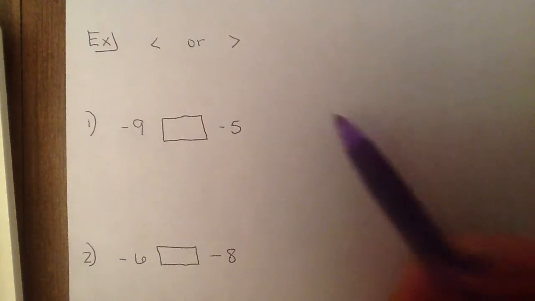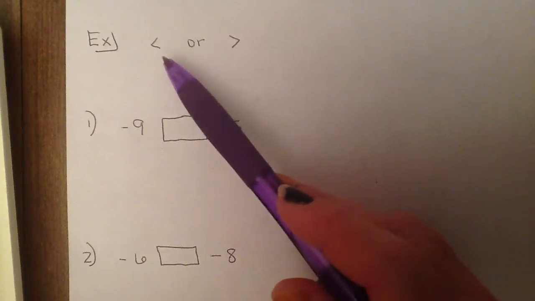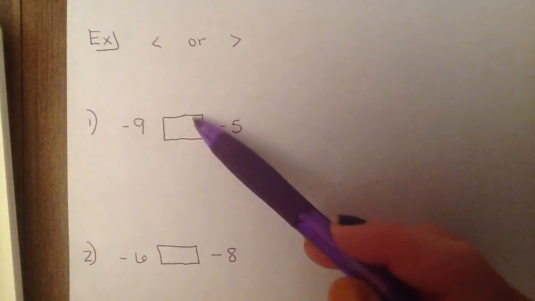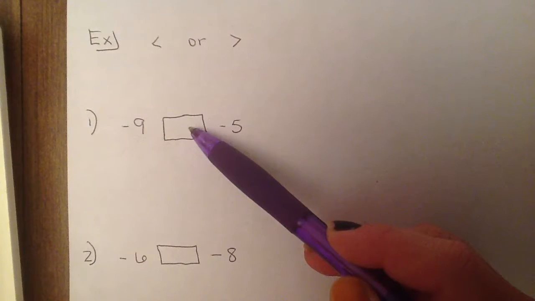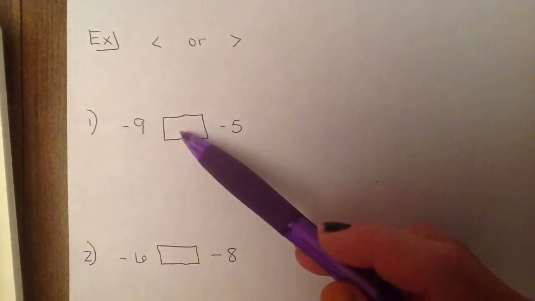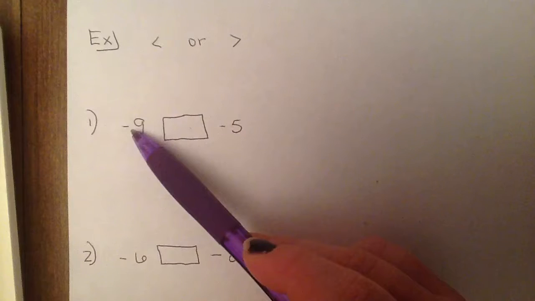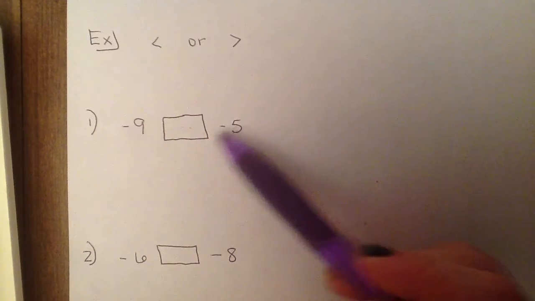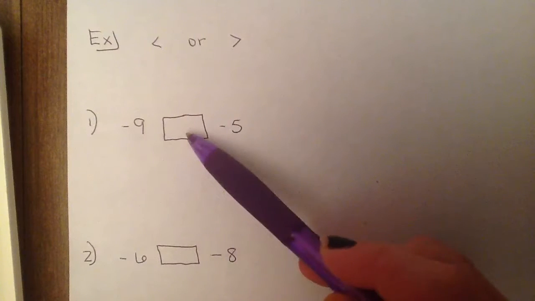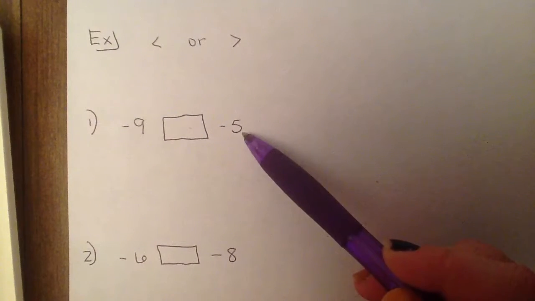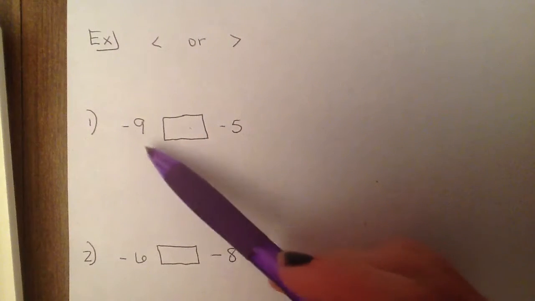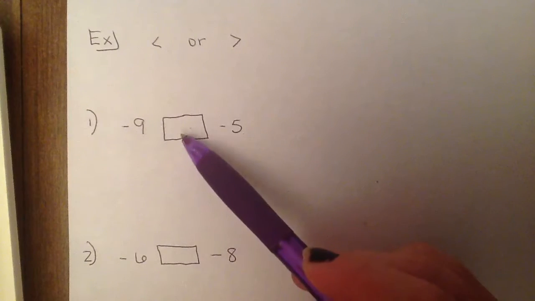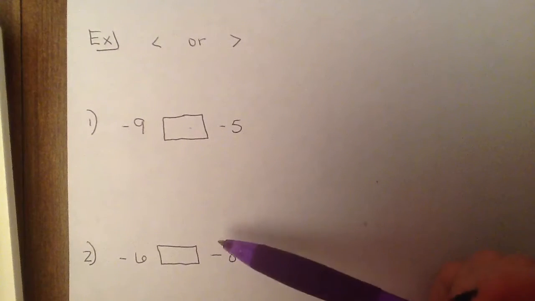So our first set of examples. You're going to use the less than or greater than sign inside the box to complete this statement. Now, we're going to read it like a sentence, just out of a book. -9 is what compared to -5? Is -9 less than -5? Or is -9 greater than -5?